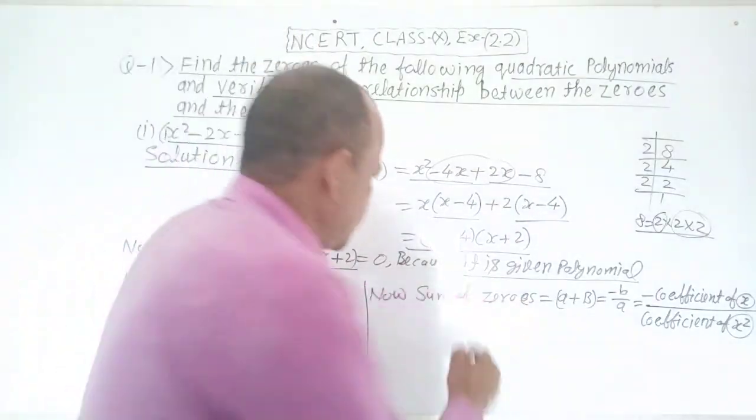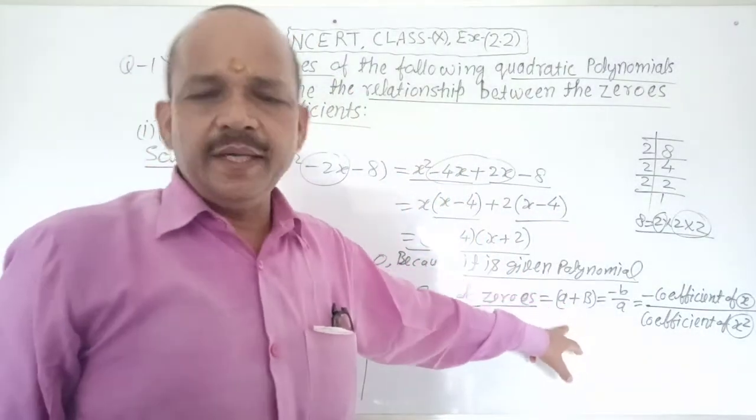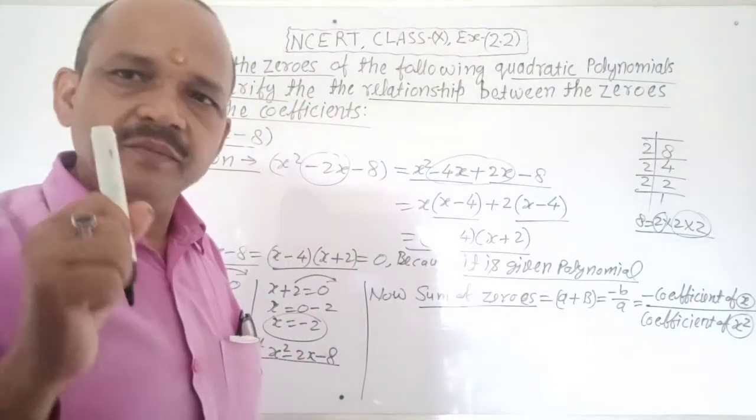It is the relationship between zeros and coefficients. It is clear? No confusion about it? Very good.